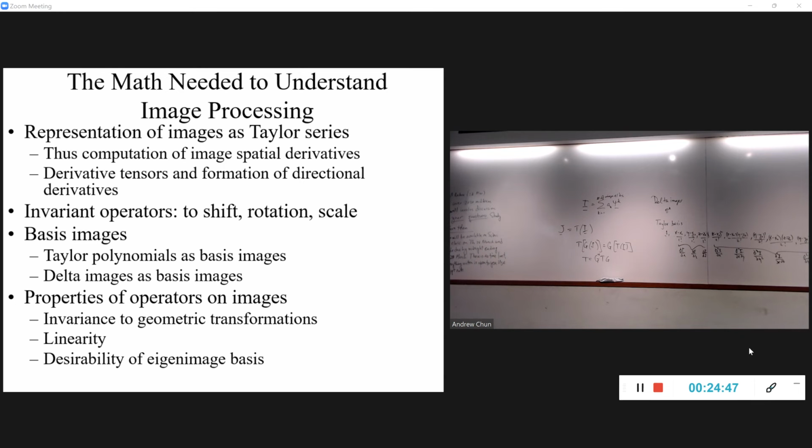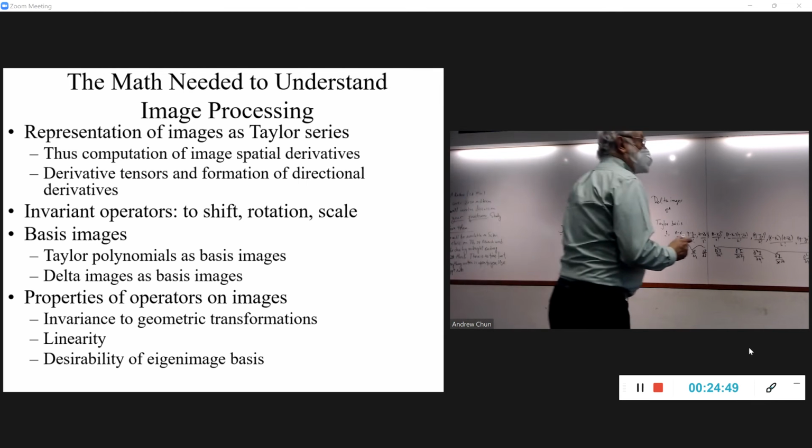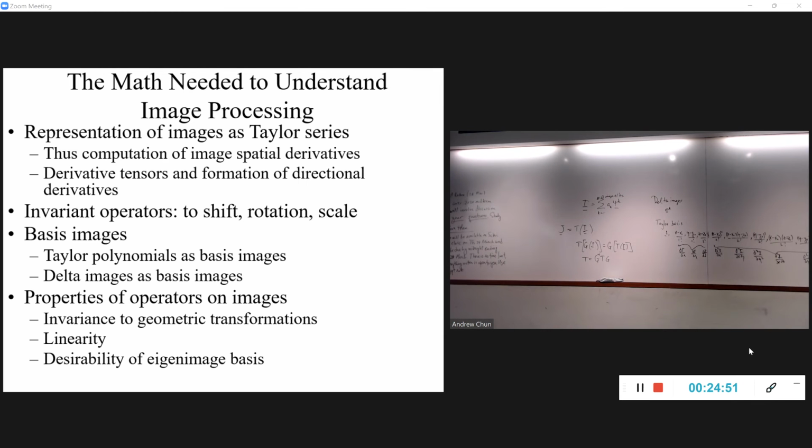Then we were particularly interested in operators that were linear. We've been talking almost entirely about operators that are linear, but you should think about some examples of operators that aren't linear, so you make sure you understand what linearity means.